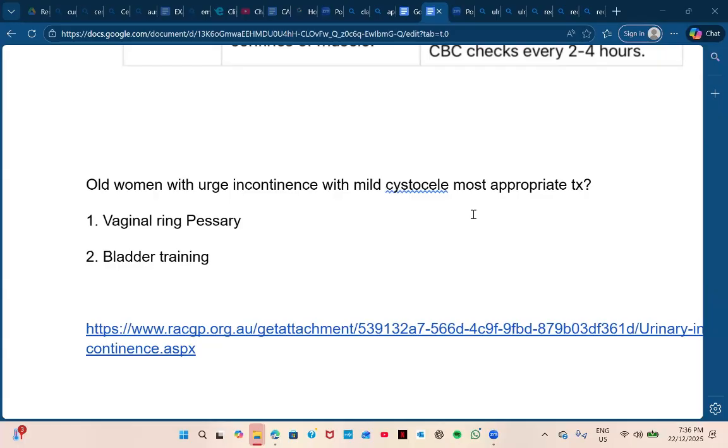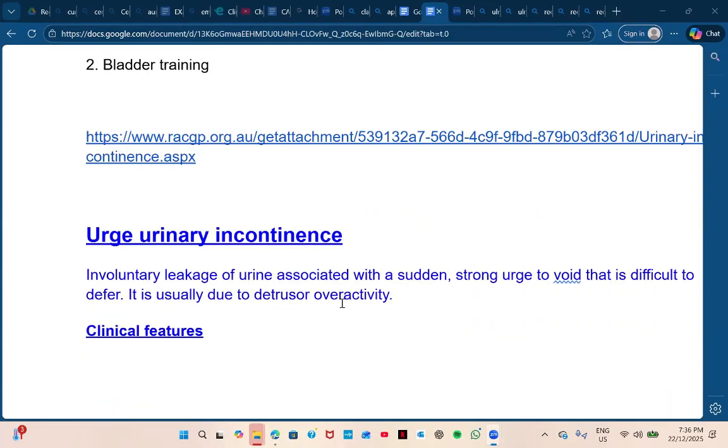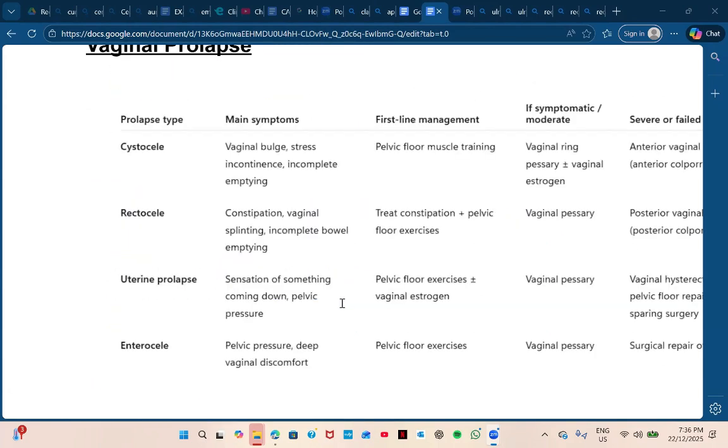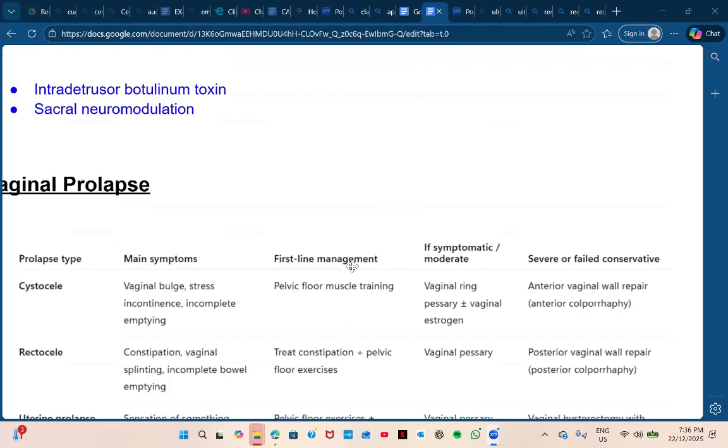That's correct. Retention can also cause pressure and make the incontinence. So we just quickly discussed everything. Okay, let's move to our next question.